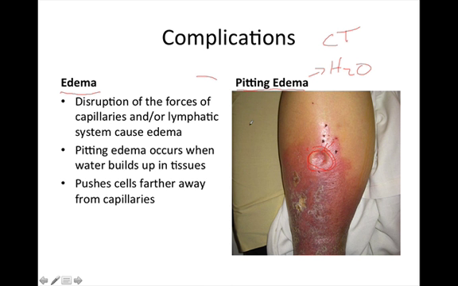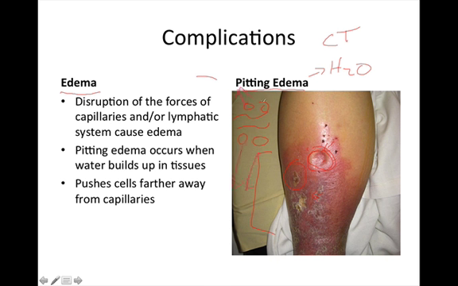Now, when you look at this person's skin here, this is where you have to come back and think about what I said before about the distance of cells and capillaries. You can see the dry skin here, and you can see the redness. This is not a good scenario. With all of this water accumulating in the tissue spaces, it's pushing cells further away from capillaries.